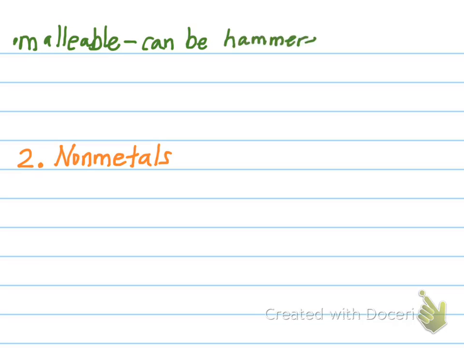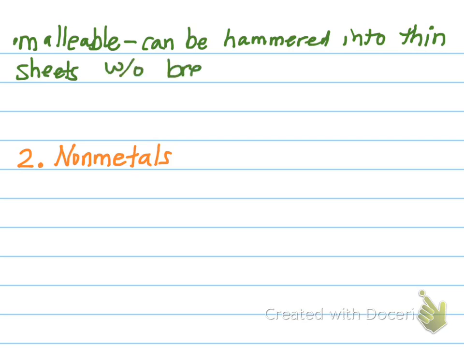So what we mean by malleable is that metals can be hammered or pressed into thin sheets without breaking. So malleable means that these metals can be hammered into thin sheets without breaking.